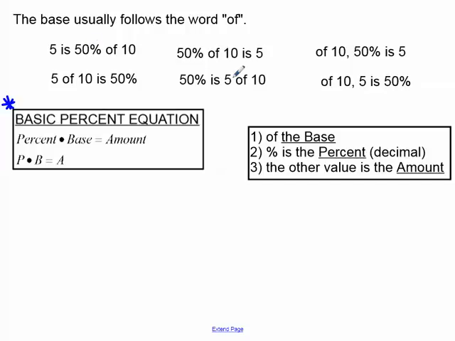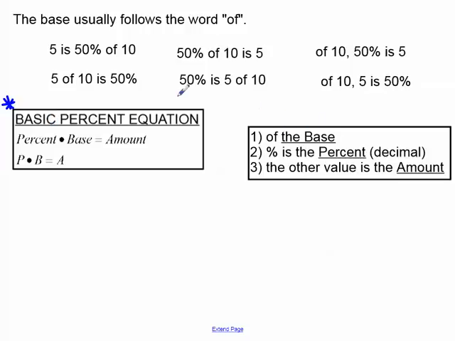And all these are also exactly the same. 5 of 10 is 50%. 50% is 5 of 10. All these are exactly the same, and all we have to do is pull out the information from here. If we want to set any of these statements, which are exactly the same just in different formats, up in the basic percent equation, we think about of being the base.